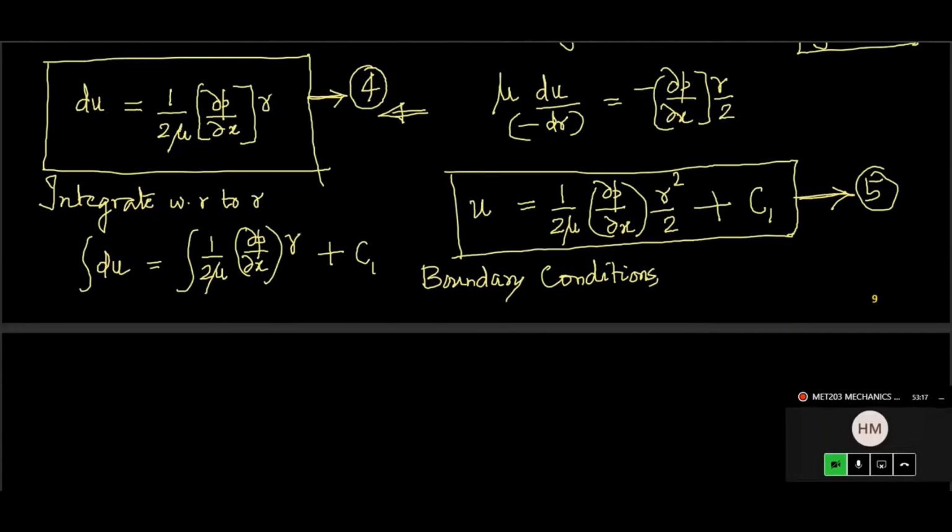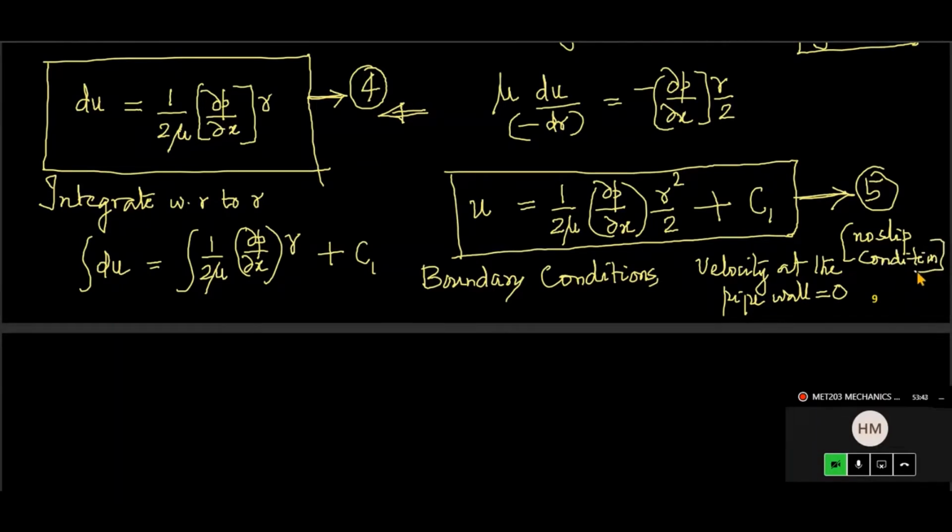So boundary conditions means, let me write over here, velocity at the pipe wall is equal to 0. And what is the reason for that? No slip condition. And that arises because of the property known as viscosity.